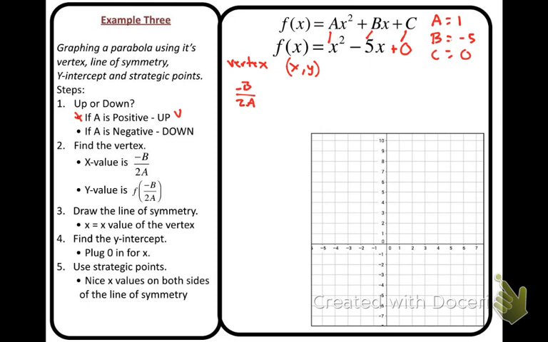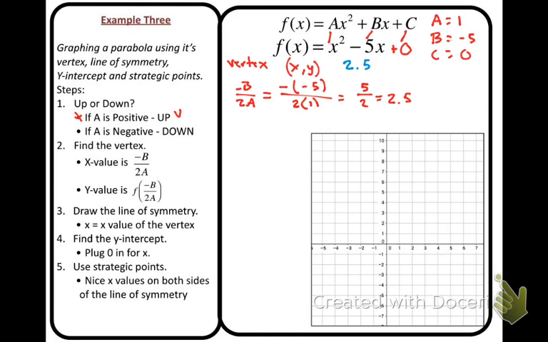So the negative from the formula, we have to bring that over first. b is -5. So negative times -5 divided by 2 times a, which is 2 times 1. That gives us 5/2, which is 2.5. Okay, don't get scared off because it's a decimal. It doesn't really make it much harder.